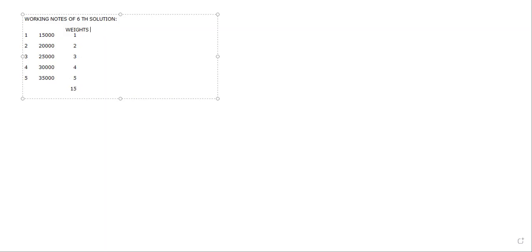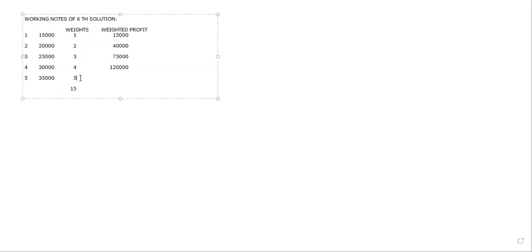Now, weighted profit. How are we going to find it? 1 into 15 is 15,000. 2 into 20 is 30,000. 3 into 25 is 75,000. 4 into 30 is 1,20,000.